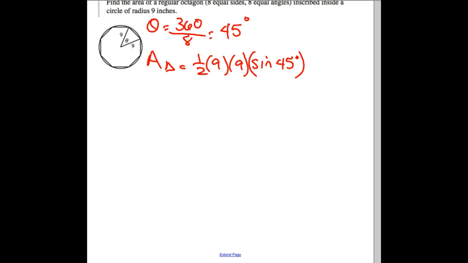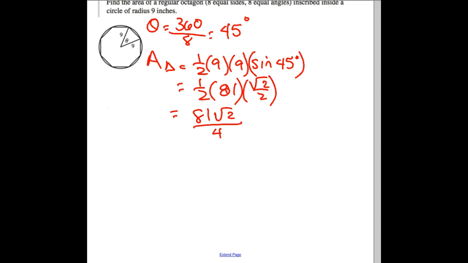That changes our final answer if we round early. Okay, so we have 1/2, 9 times 9 is 81. What's the sine of 45? Yep. So if we multiply this out, we get 81 root 2 all over 4. Okay, that's the area of one of those little triangular sections.